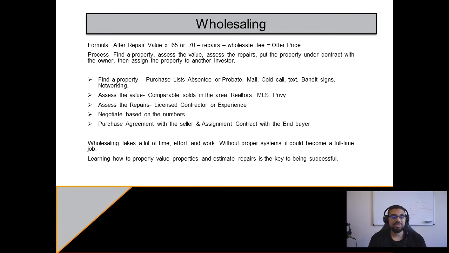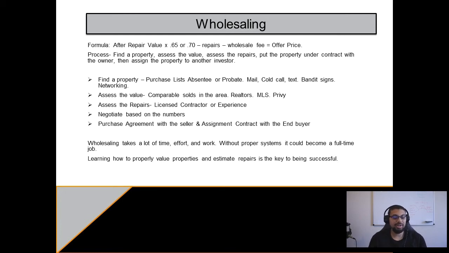If I take the after repair value of 150,000 and subtract my 55 or so thousand in repairs, that leaves me around 100,000. Then I subtract what I paid for it, which was 45,000 total. So that leaves me right around 55 in profit.